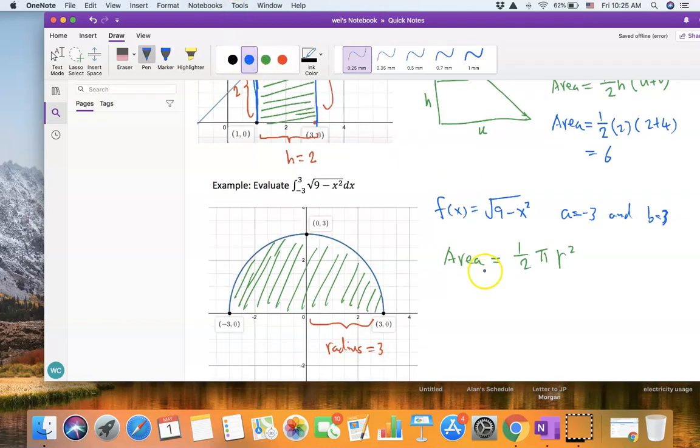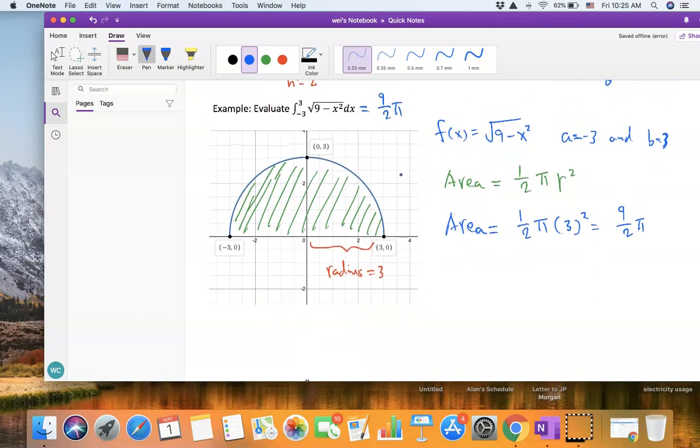Therefore, the area is 1/2 times pi times 3 squared, which is 9/2 pi. So this integral equals 9/2 pi.